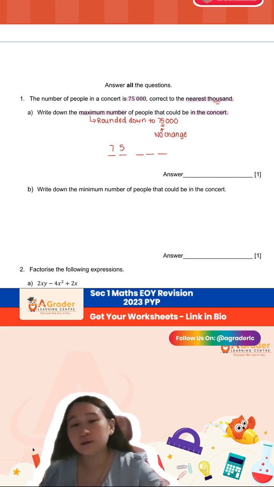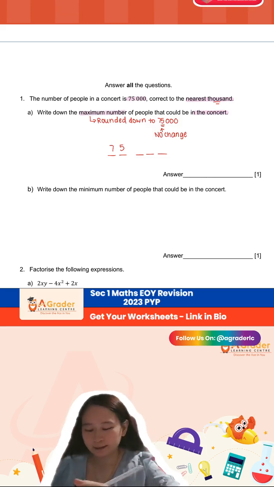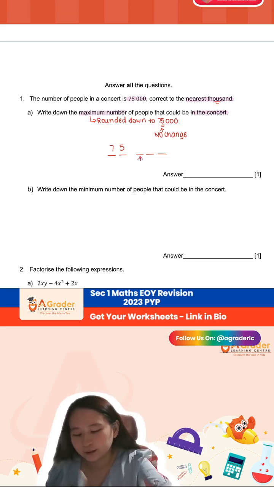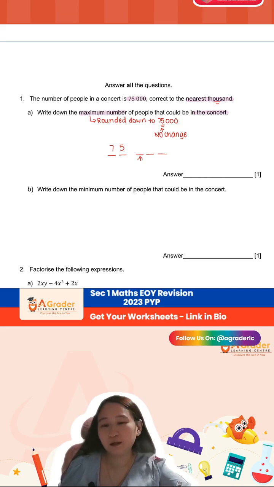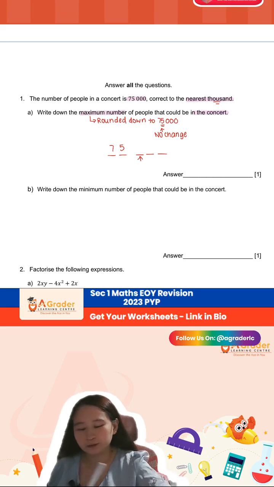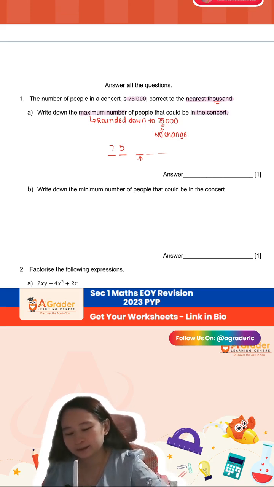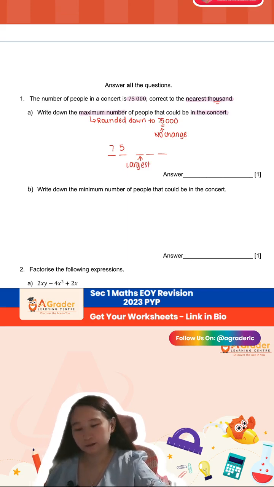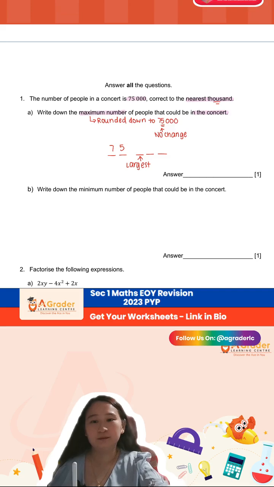Because when it's rounded down, you drop off the digits behind. So the hundredth place will determine if the number is rounded up or rounded down. So since you want it to be rounded down, what is the largest digit that you round down? What's the largest possible digit that you will round down?